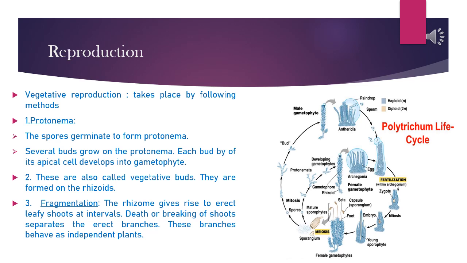Asexual reproduction is the production of new plants without the union of gametes. It means that in vegetative reproduction we don't see the union of male and female reproductive parts. In Polytrichum, it will undergo three types of vegetative reproduction.